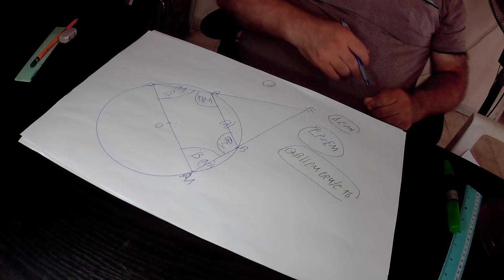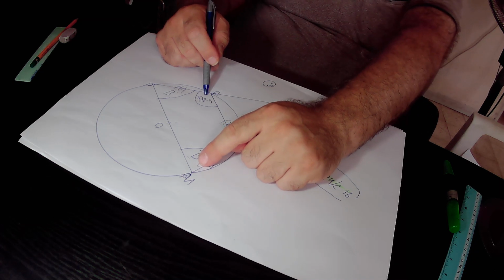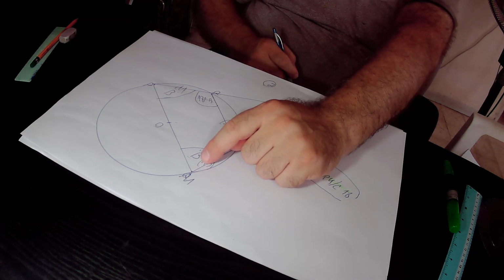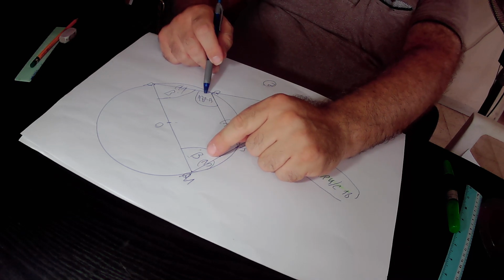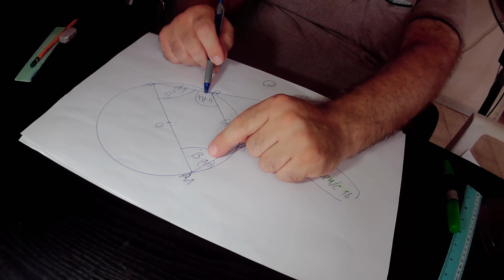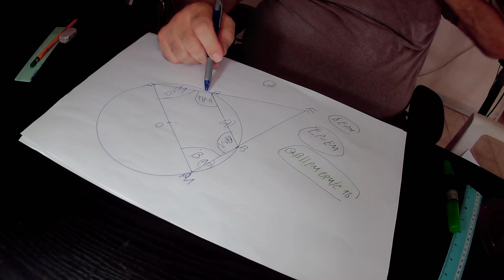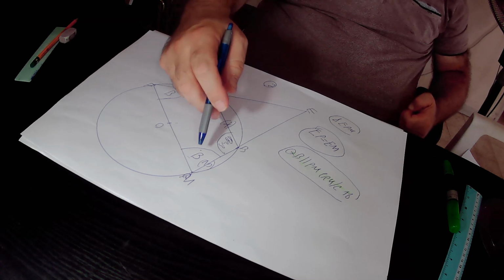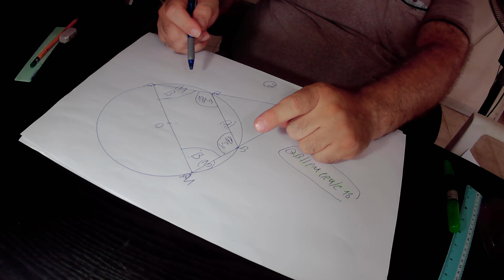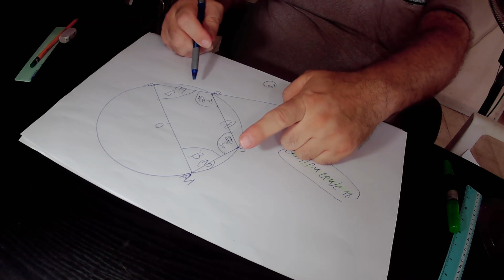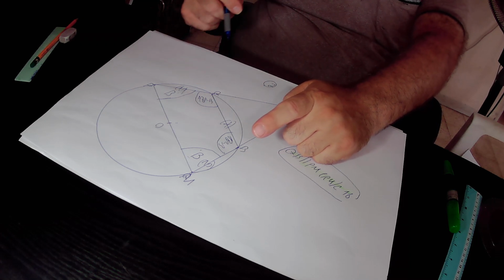So in this quadrilateral PQBM, those two opposite angles must sum to 180 degrees. But this is angle beta, so angle beta plus this missing angle must equal 180 degrees according to rule 16. Therefore this missing angle must be equal to 180 degrees minus beta. Why? Because 180 degrees minus beta plus beta is 180 degrees.